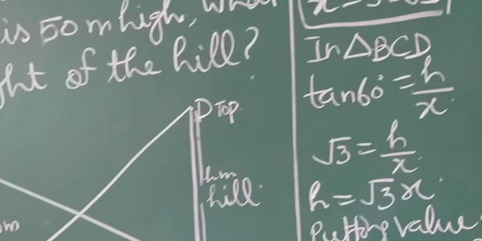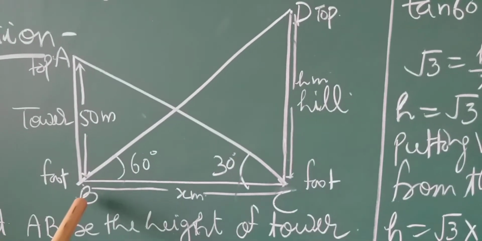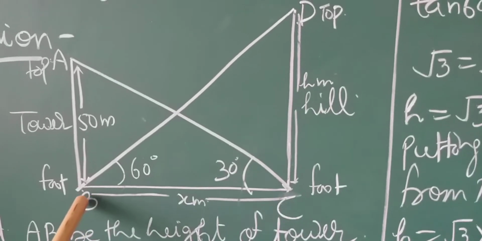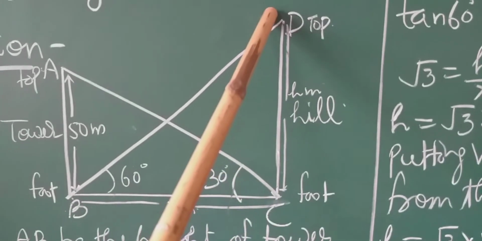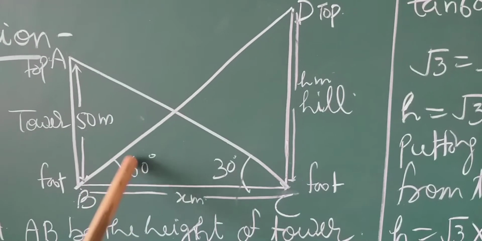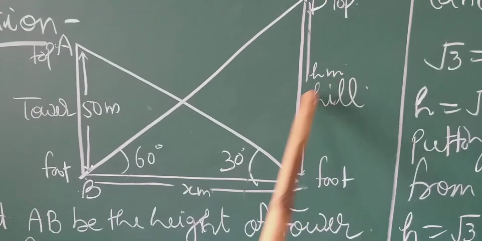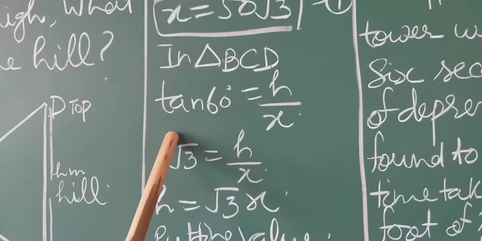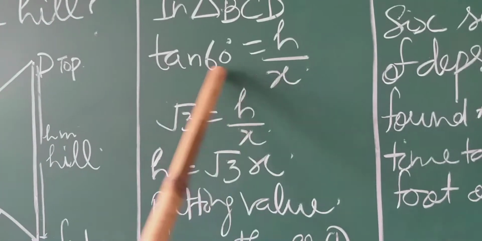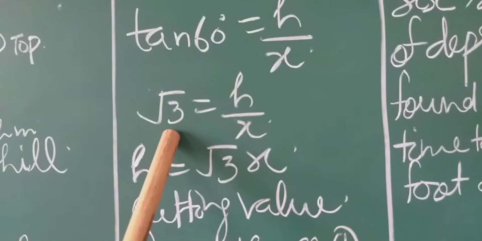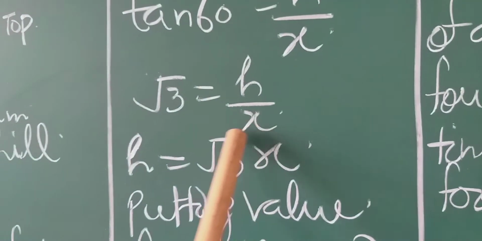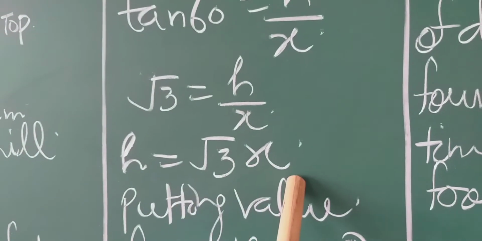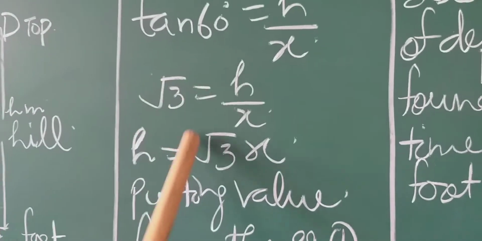Now the second right angle triangle we can take of 60 degrees, this one. In triangle BCD, tan 60 degrees equals h upon x. Tan 60 value root 3, so root 3 equals h upon x, h equals root 3 x by cross multiplication.